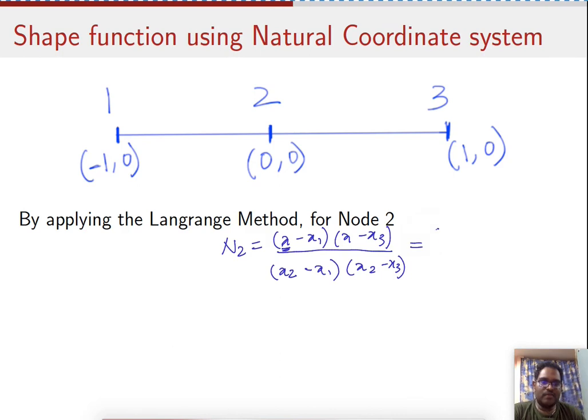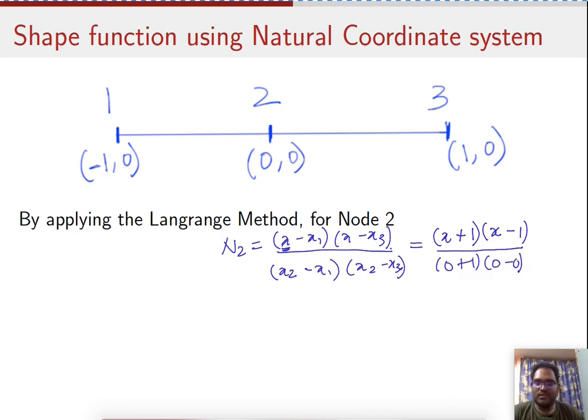Now if you substitute the values, x minus x1 is x minus of -1, so x plus 1, into x minus x3, which is x minus 1. And the value of x2 for the second node is obviously 0. So it is 0 plus 1, 0 minus 1.